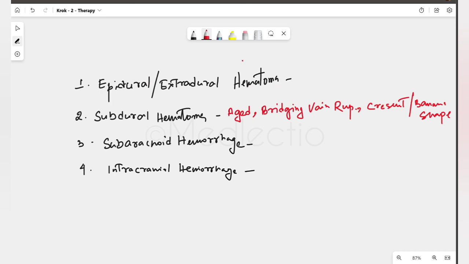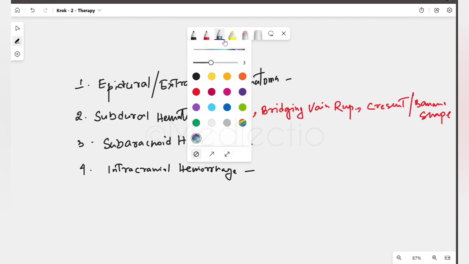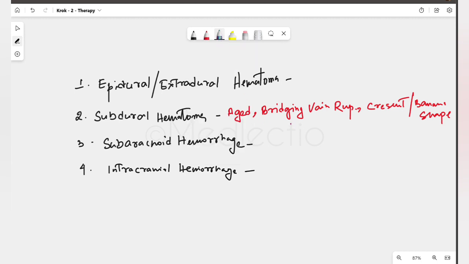What about epidural hematoma? Before that, I need you to remember one thing. Epidural hematoma we get outside the dura, and it is caused by the middle meningeal artery.